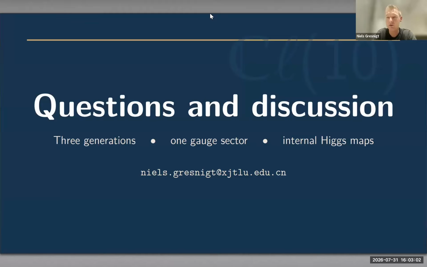I think the way to do it is to use the ideas in the existing literature when people look at an S3 flavor symmetry. And what they do then is they look at the irreducible representations of S3, which are a singlet representation and a doublet representation.